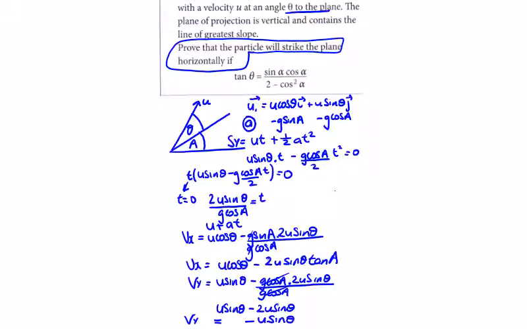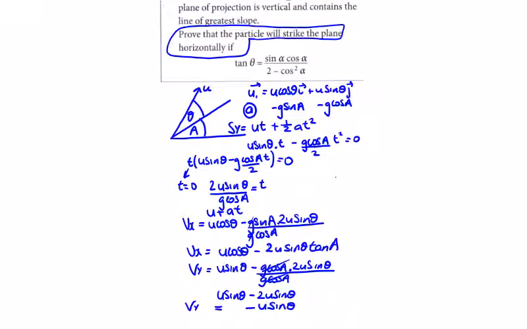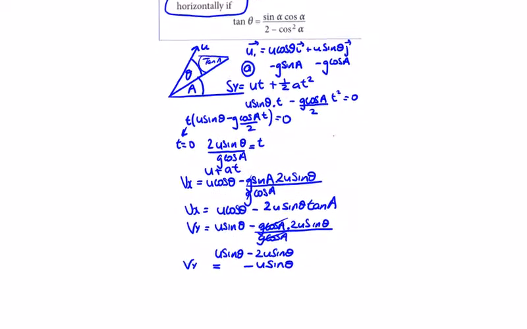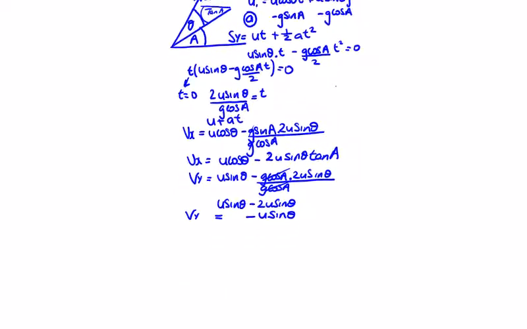So we know that if it strikes horizontally, it's striking in this way, so tan alpha will be here, the alternate angle. We'd say that tan alpha is equal to minus the velocity of y, which is u sine theta, over the velocity of x, which is u cos theta minus 2u sine theta tan alpha.